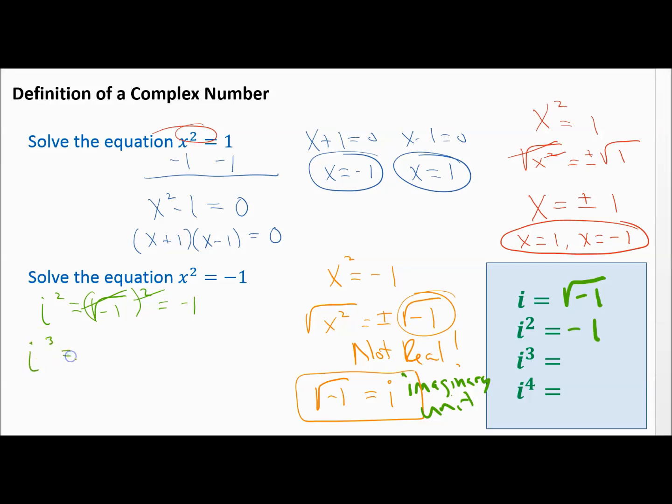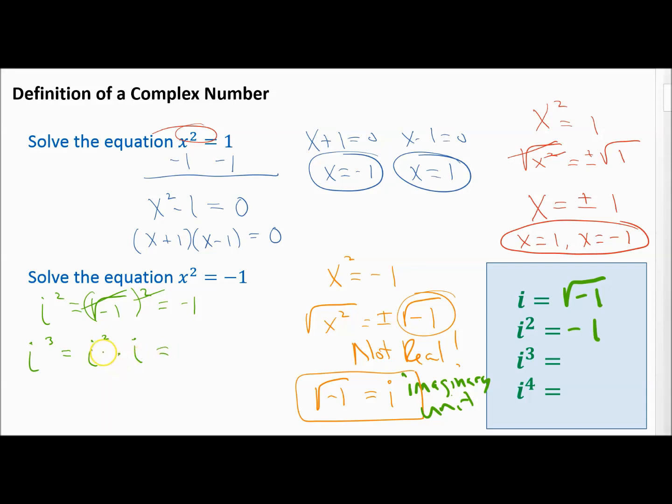Now let's simplify and figure out what we can get for i to the third, because if you ever see i to the third in a calculation, I want you to simplify it as much as you possibly can. Well, let's rewrite i to the third. I know you'll feel comfortable with this. i to the third can be written as i squared times i. Why? Because remember, you add exponents when you multiply the bases. So this is a 2 plus a 1, i to the first, which would give me i to the third back if I multiply them back together.